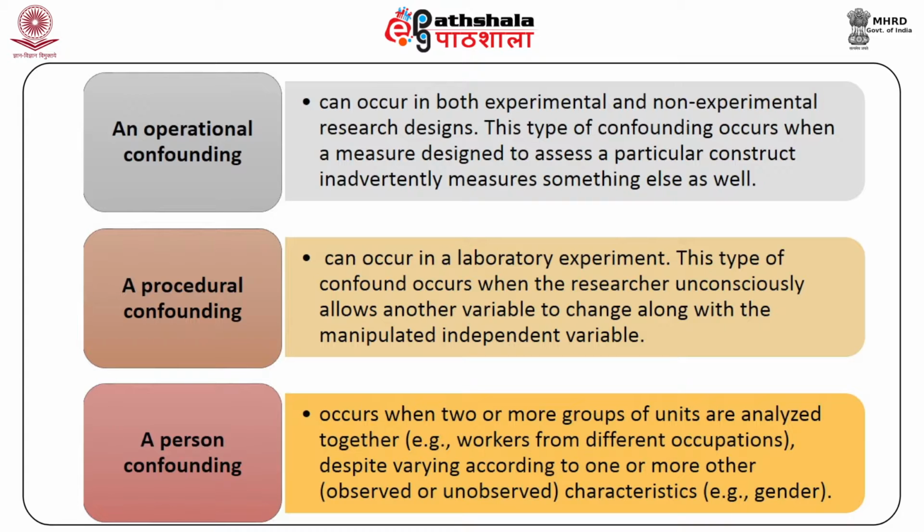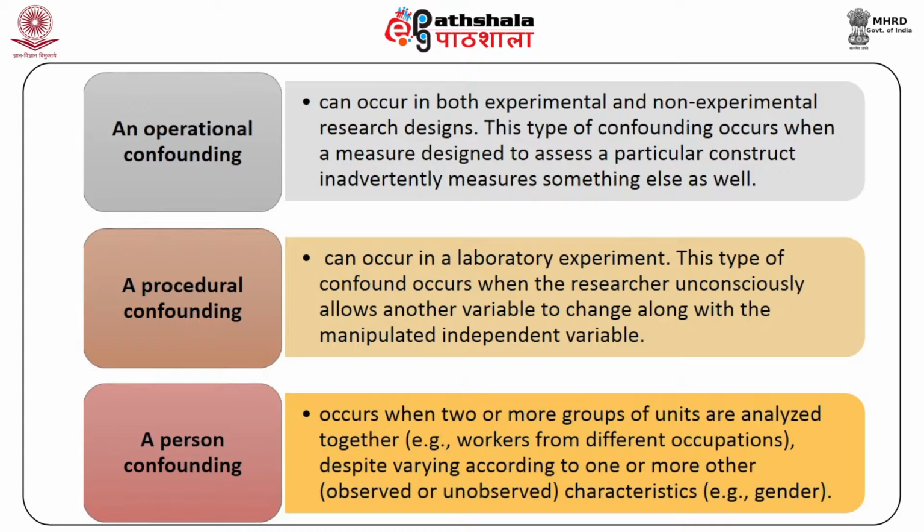A procedural confounding occurs in a laboratory experiment when the researcher unconsciously allows another variable to change along with the manipulated independent variable.